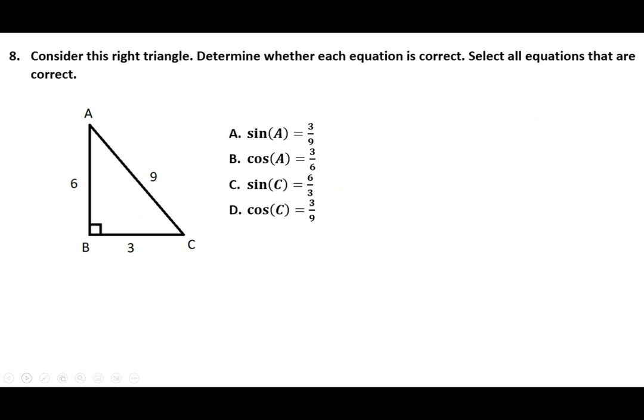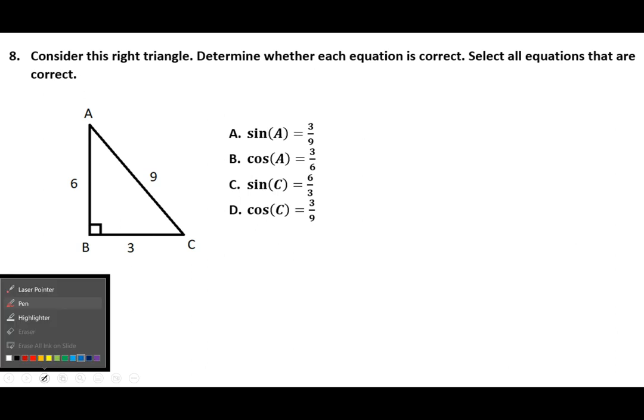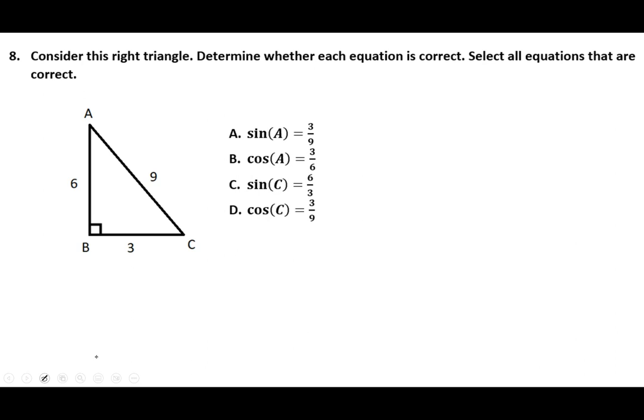Consider this right triangle. Determine whether each equation is correct. Select all equations that are correct. Okay, again, this one we went over today. I want all 6 ratios to be here. So first, let's do sine A, cosine A, tangent A. Sine A is 3/9.